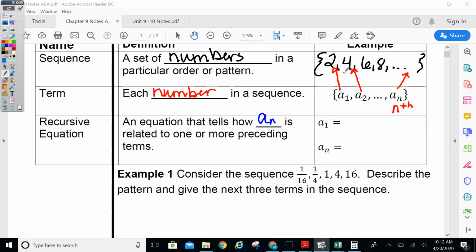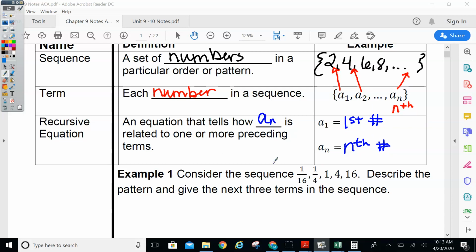So we know a1 is the first term, so it's the first number in the sequence. An is the nth number in the sequence. And a formula here, whatever this equation is, tells us how we get the nth term by using the previous ones. We'll get to an example of that in a second with the actual formula.